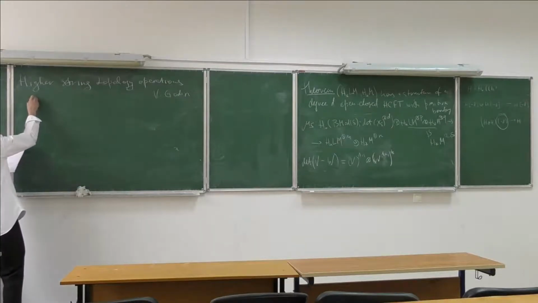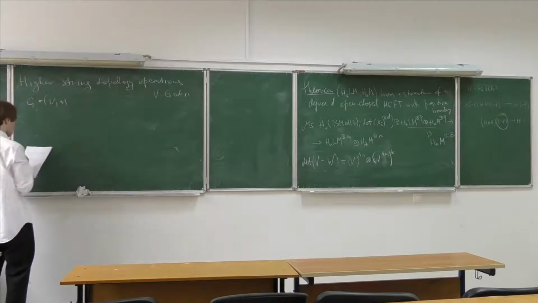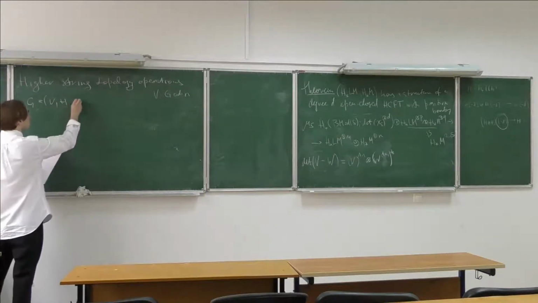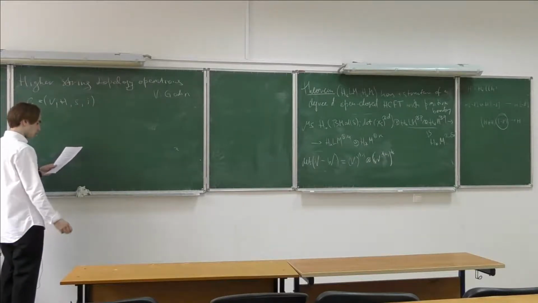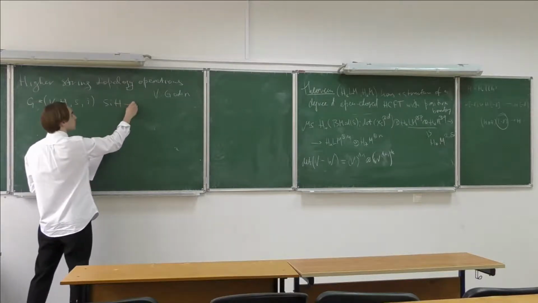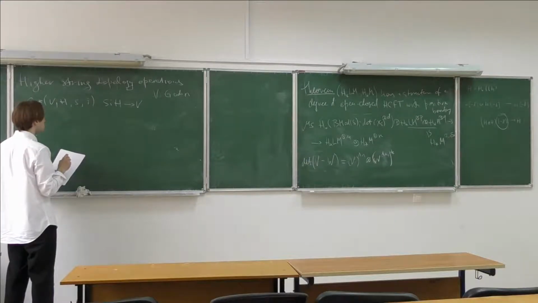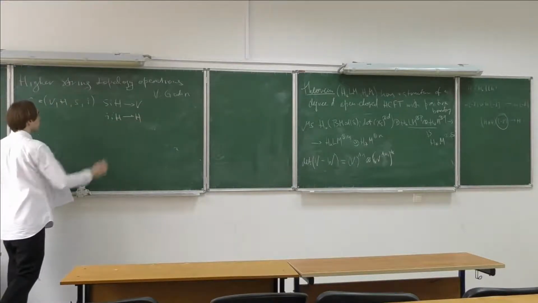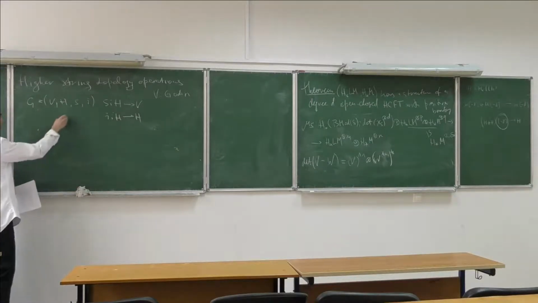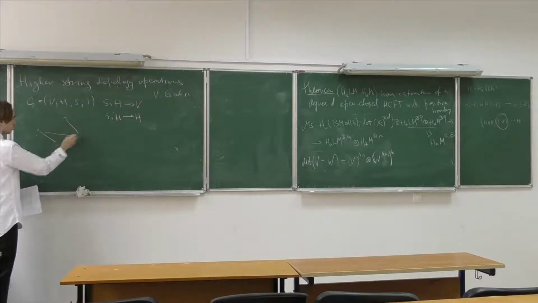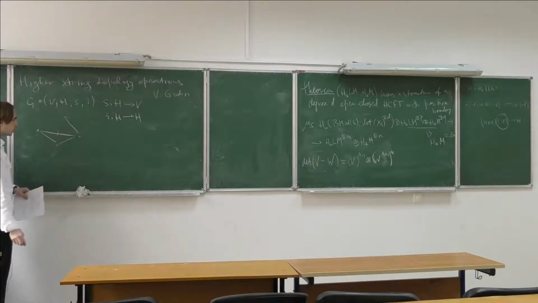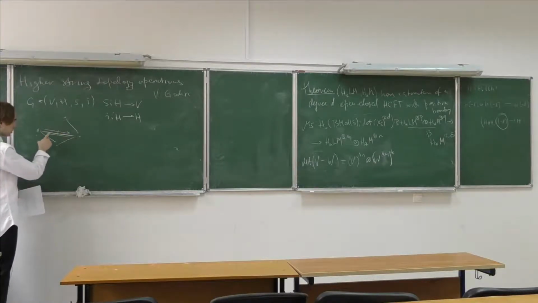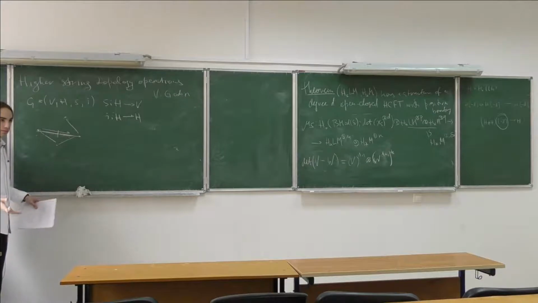We'll define a graph just as a set of vertices, a set of half edges, and two maps, S and I. The map S is called the source map, and it maps the half edges to the vertices, and the map I is a fixed point free involution on the set of half edges. So you can understand this as a usual graph, but the edges are split into parts, oriented ones, and the involution says which half edge corresponds to which half edge, and the source map glues these half edges to the vertices. So that is called a graph.